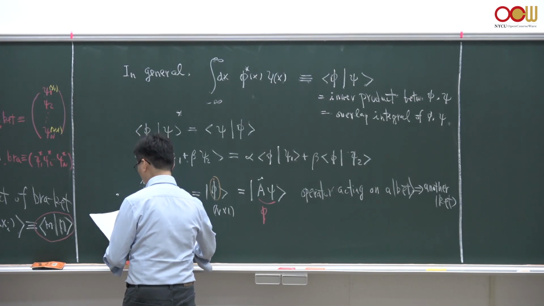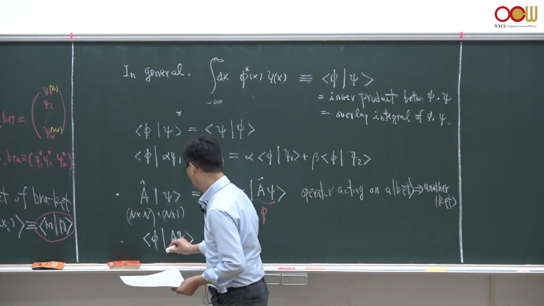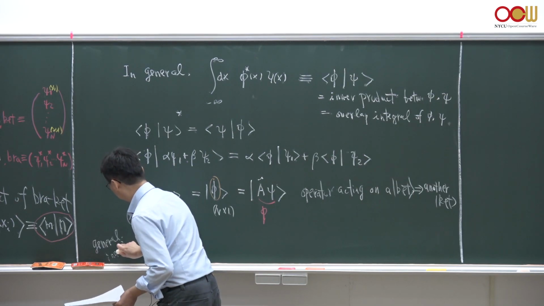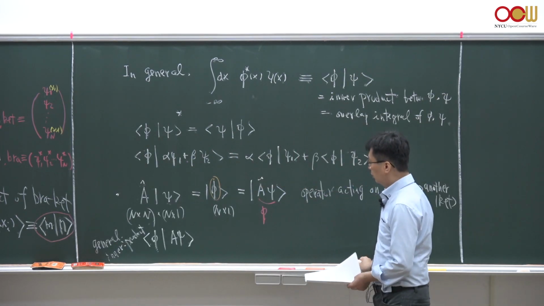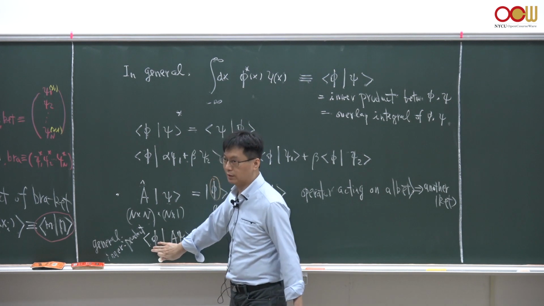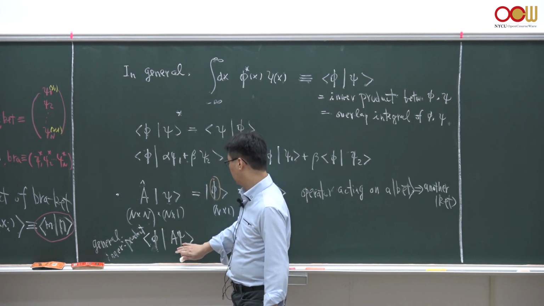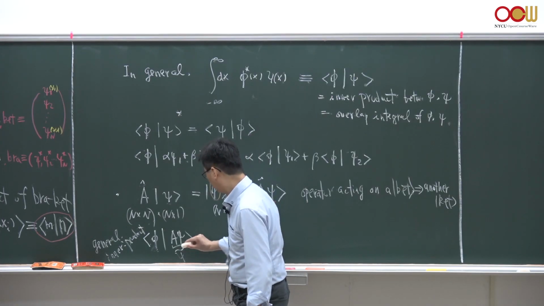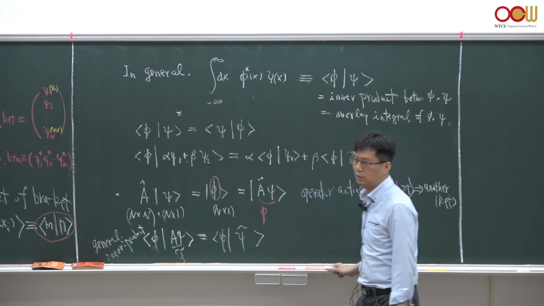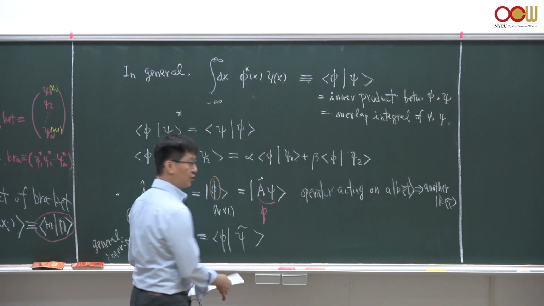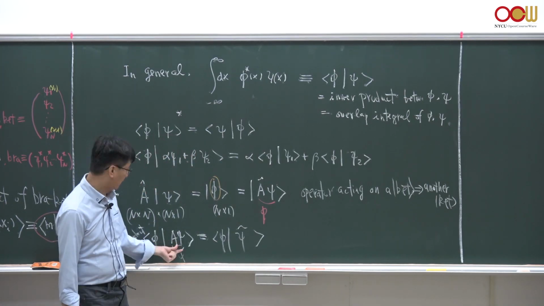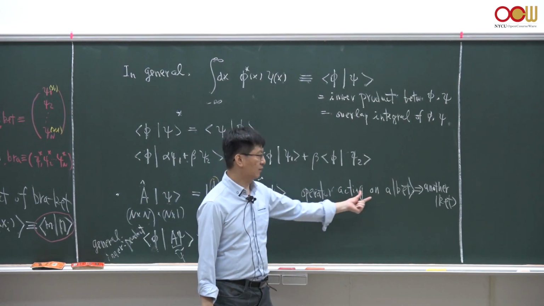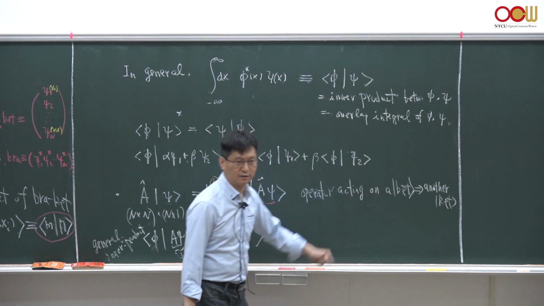So the general inner product, this is a more general inner product, could be constructed between any Dirac bra state phi and another Dirac ket, which I call psi theta. Well, this psi theta is made of an operation of an operator on a Dirac ket. Remember, the operator acting on the ket is another ket.